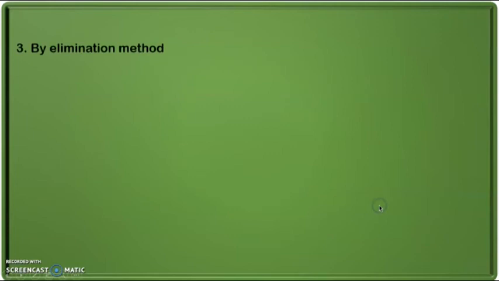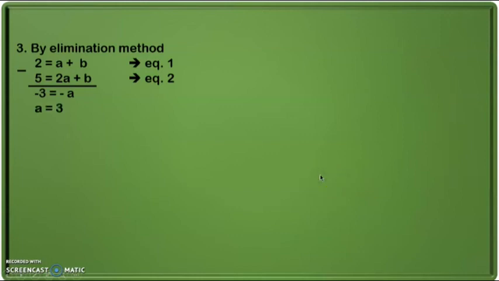By elimination method, 2 is equal to a plus b and 5 equals 2a plus b. Subtract, gives us negative 3 equals negative a. And solve for a. Then a is equal to 3. If a is equal to 3, find b. So 2 equals, plug in the 3 for a.